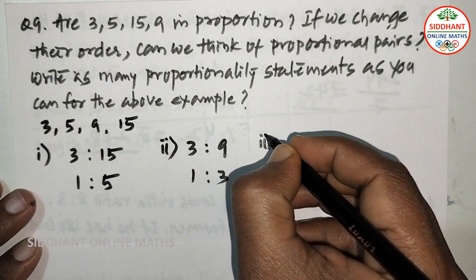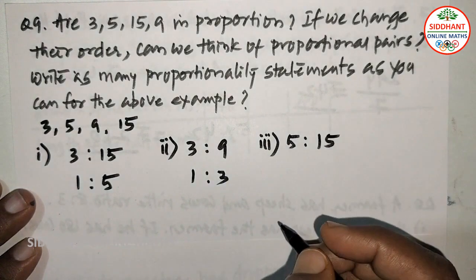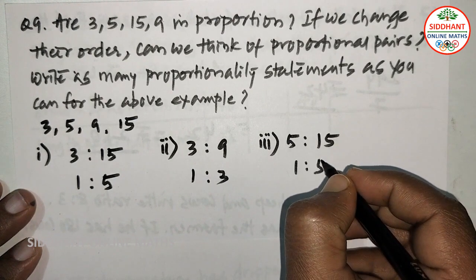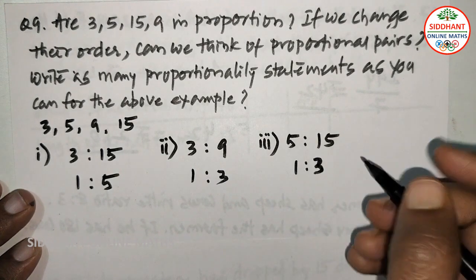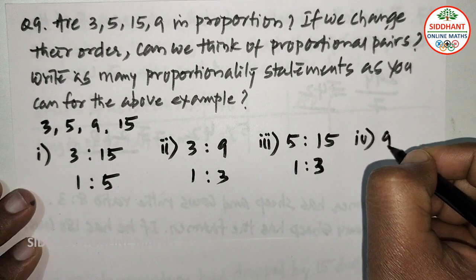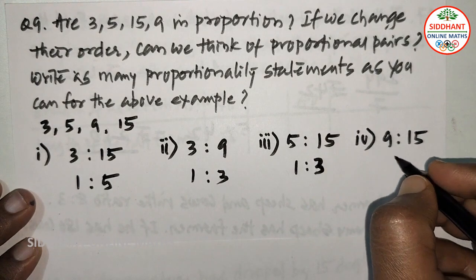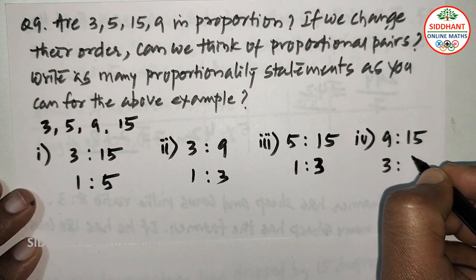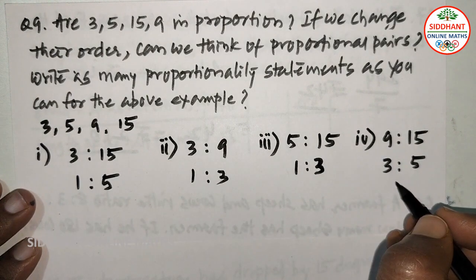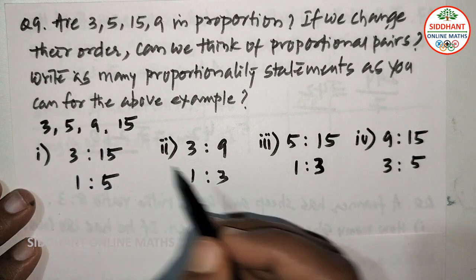Third, 5:15. When you are going to simplify, it will be 1:3. Fourth, 9:15. When you are going to simplify, it will be 3:5. So these are the proportionality ratios for this 3, 5, 9, 15.